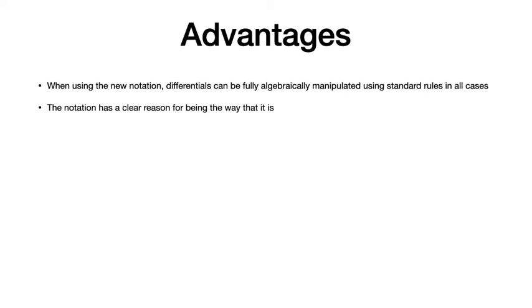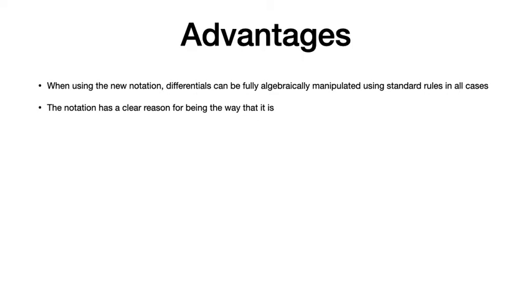The notation also has a clear reason for being the way that it is. The previous notation, I read 10 different calculus books trying to get an explanation for the other notation, and none of them bothered to even try to give you a reason for it. This notation has a clear reason for being what it is. It is the application of the quotient rule to the quotient dy over dx.